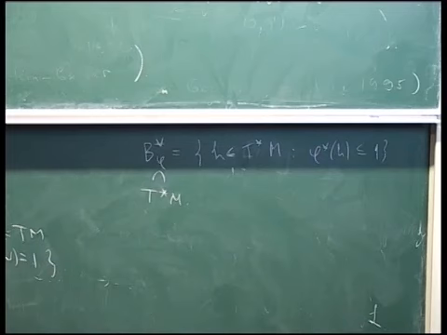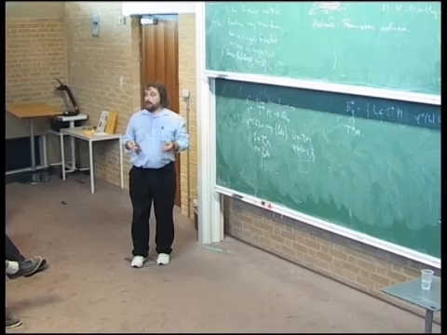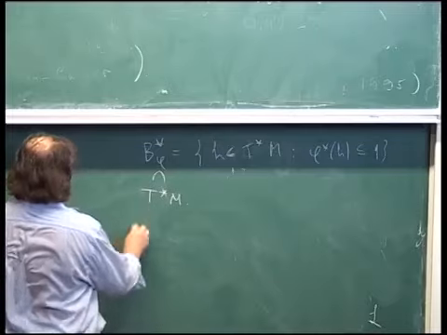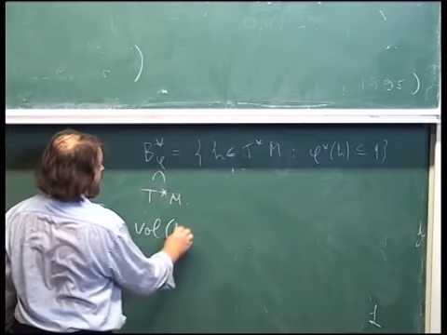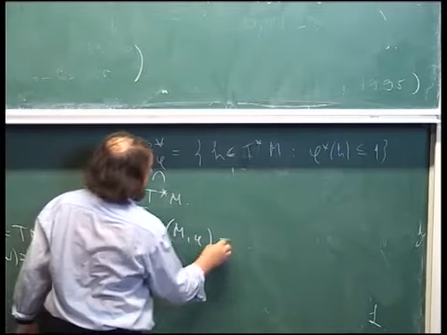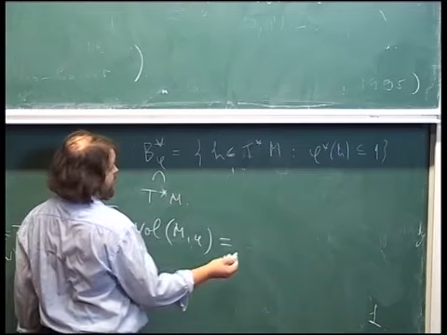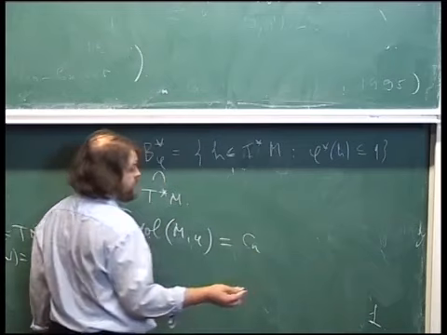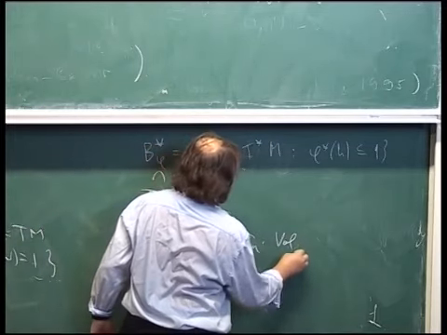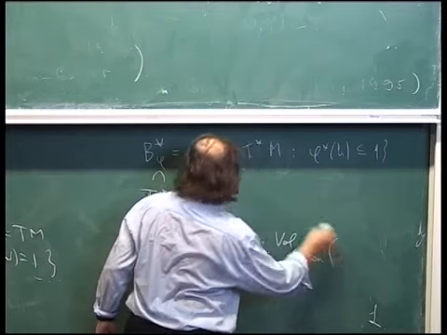In the cotangent bundle we have a canonical symplectic volume, which doesn't depend on coordinates, because it's a standard thing. And I just define the volume of a Finsler manifold, the Holmes-Thompson volume, as some constant depending on the dimension only, times the canonical volume of this set.